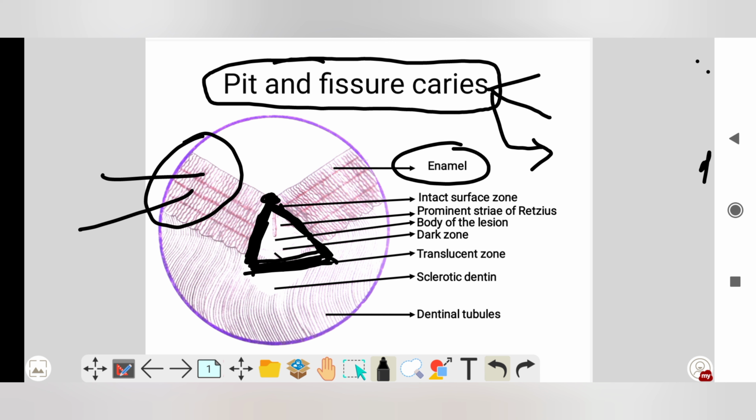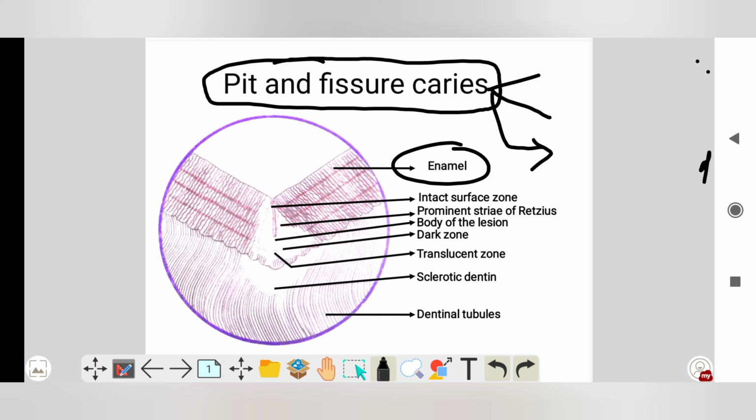In that condition you can see different zones in the enamel caries. The first zone is the translucent zone. This is the zone just above the DEJ.